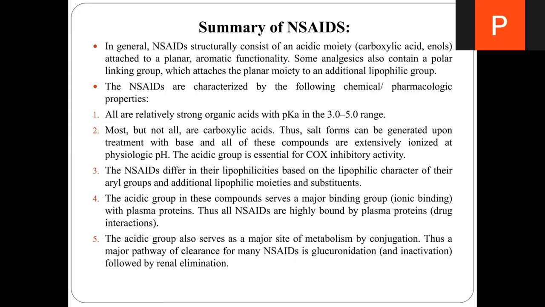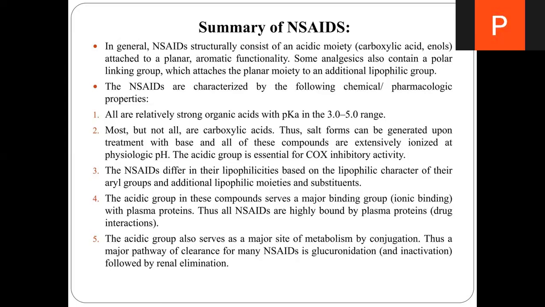All are relatively strong organic acids with pKa in the 3 to 5 range. Most but not all are carboxylic acids. Thus, salt forms can be generated upon treatment with base, and all of these compounds are extensively ionized at physiological pH. The acid group is essential for COX inhibitory activity.